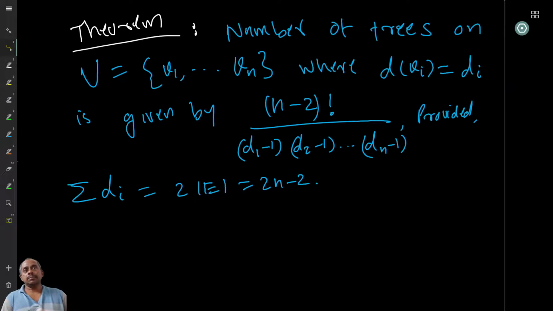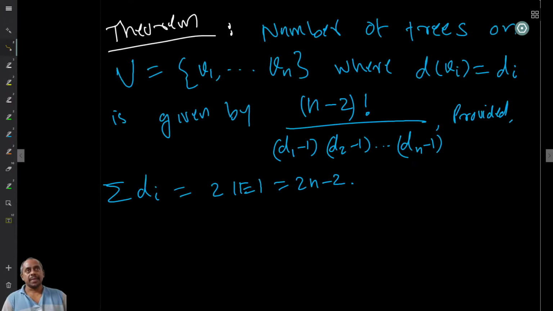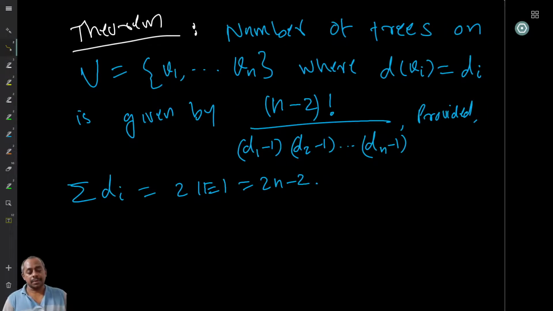Now, here is one of the questions. What was this question? The number of trees with degree of vi equal to di. So here is a theorem which counts this.